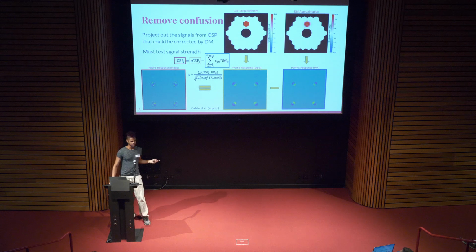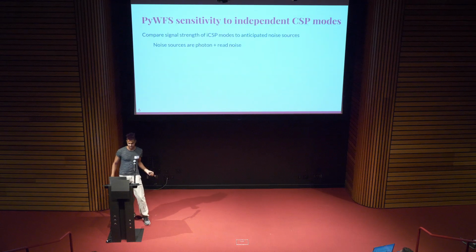And so when we go into testing the sensitivity of the CSP and of the independent CSP modes, which I go into the procedure for how I do this more in detail in my paper, I compare the signal strength from the independent CSP modes to the anticipated noise sources, which are photon and read noise.